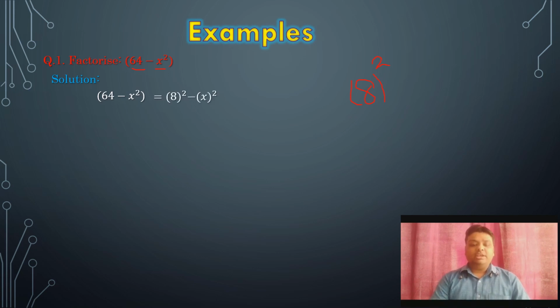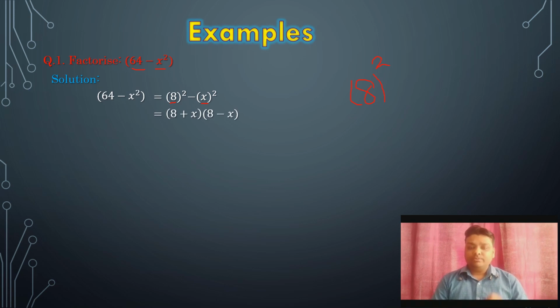It means we can write it as 8 square minus x square. Now consider 8 as a and x as b, so we can apply the formula a square minus b square equals a plus b and a minus b. It means we can write it as 8 plus x and 8 minus x.